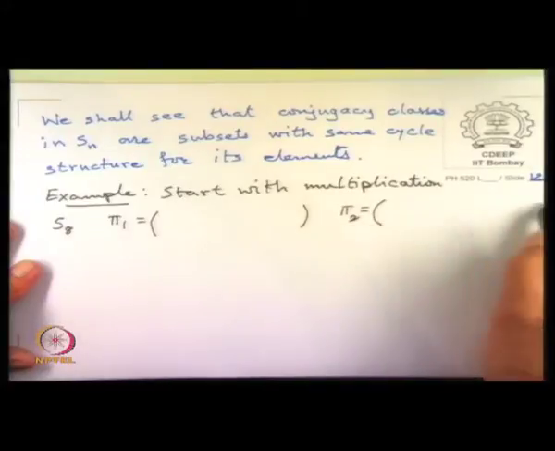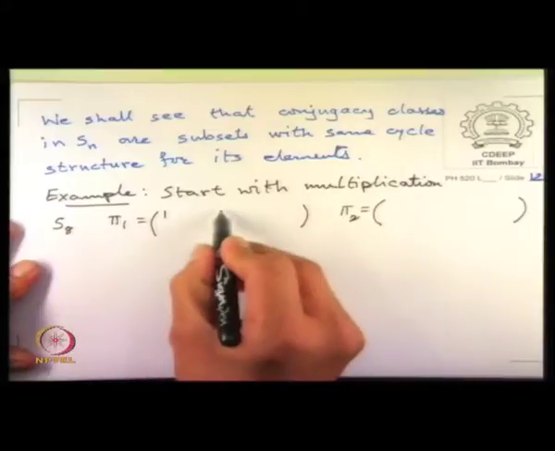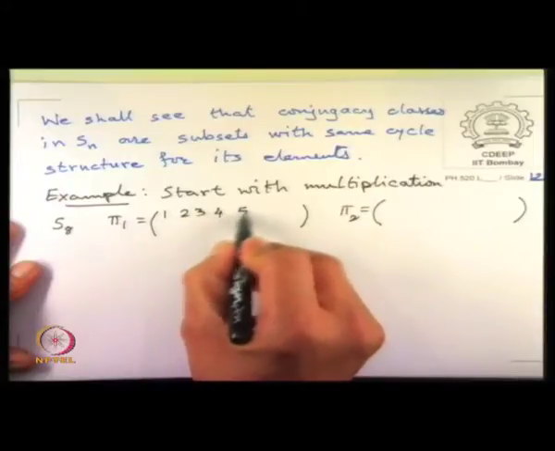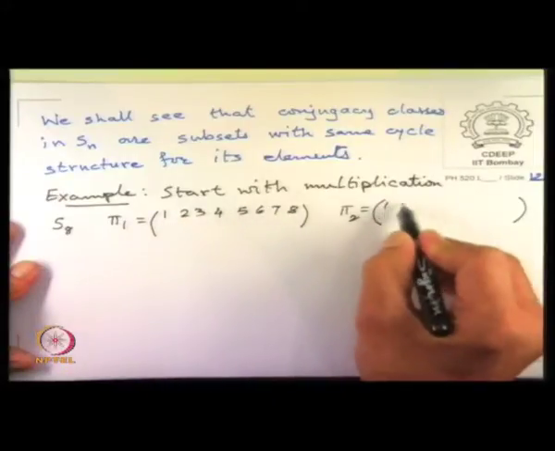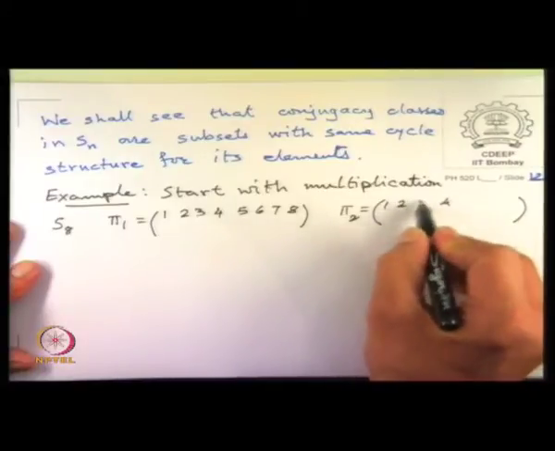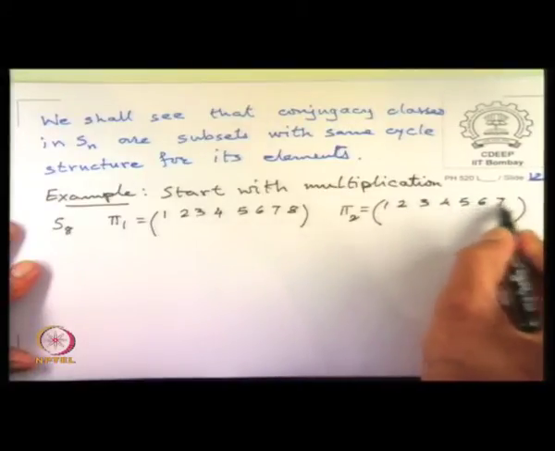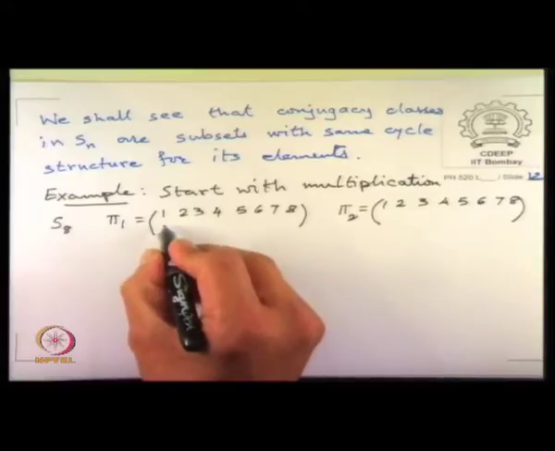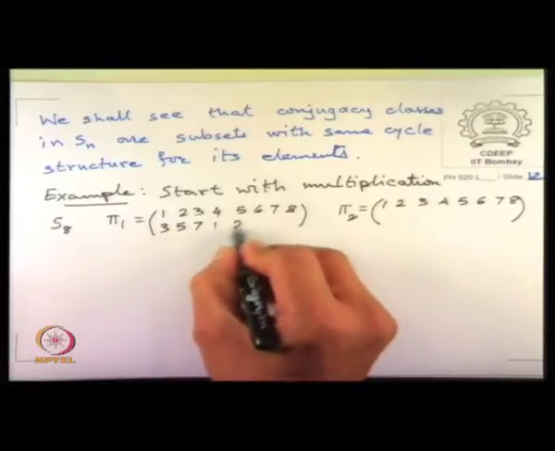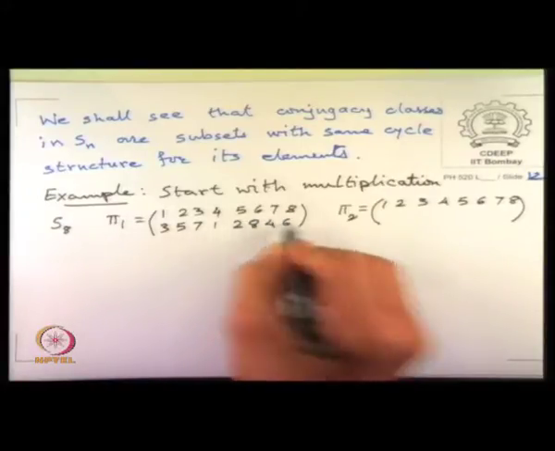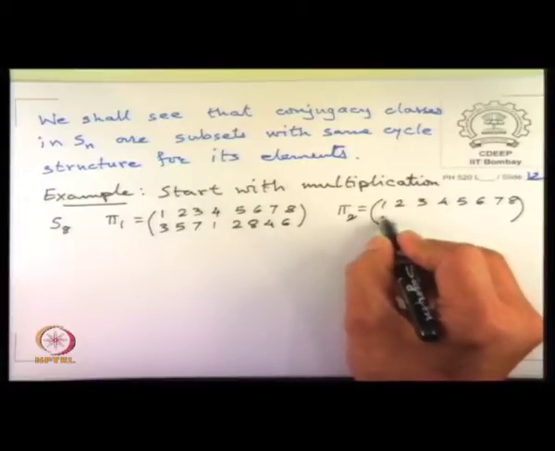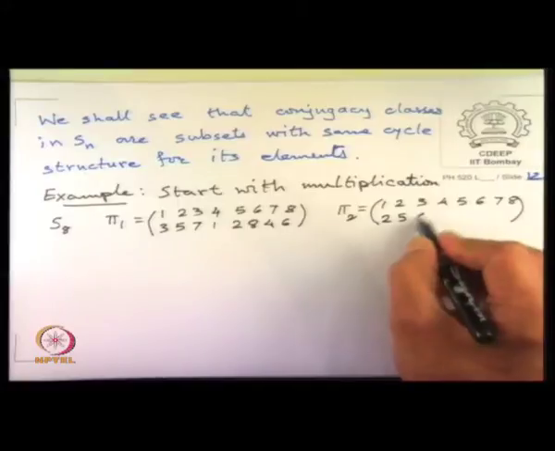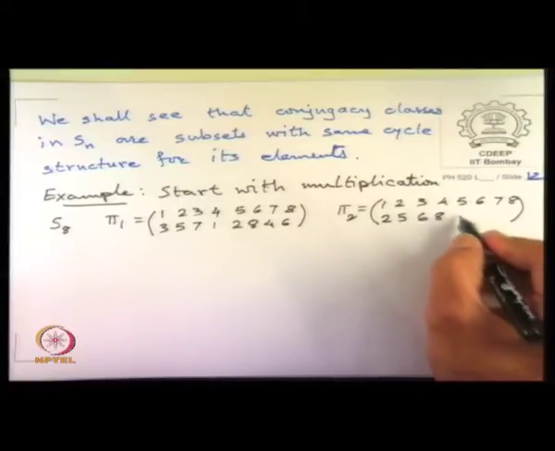Pi 2: 2, 3, 4, 5, 6, 7, 8, 1. And here what I have written on the previous page, pi 1 is 3, 5, 7, 1, 2, 8, 4, 6, and pi 2 has 2, 5, 6, 8, 1, 7, 4, 3.